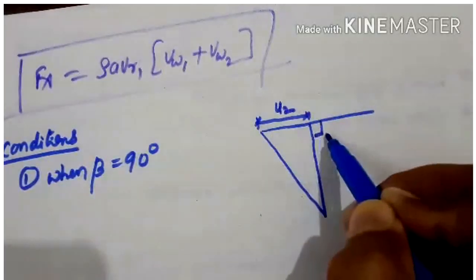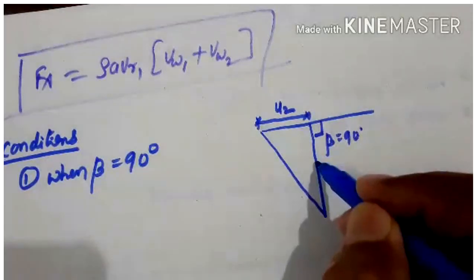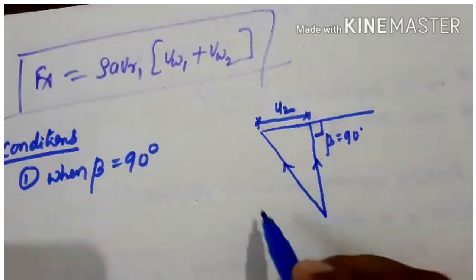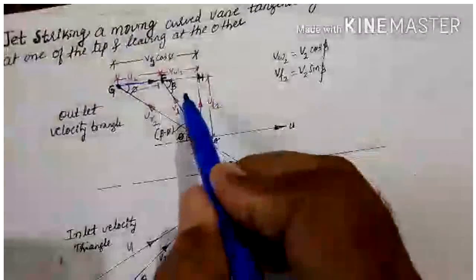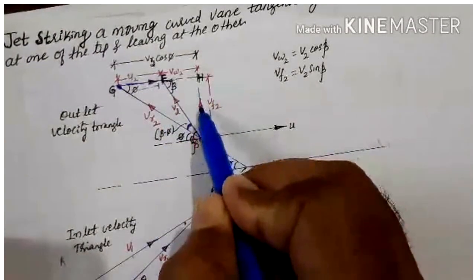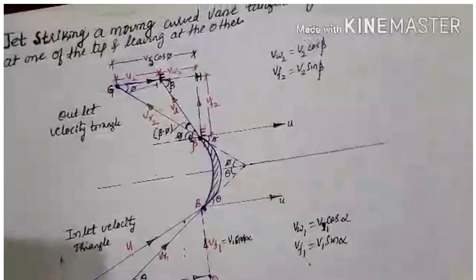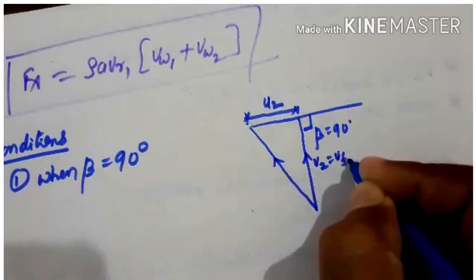When beta becomes 90 degree, V2 is equal to VF2.